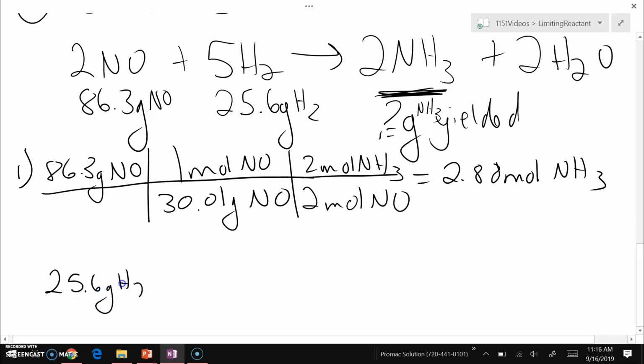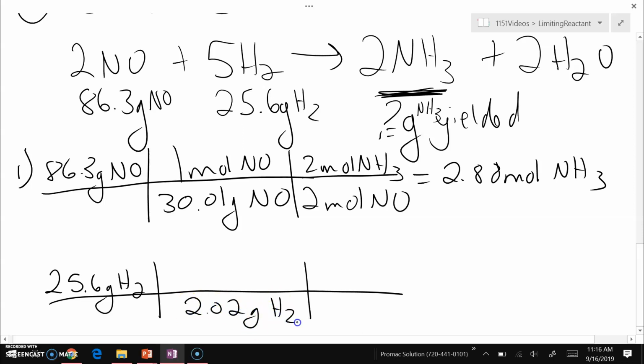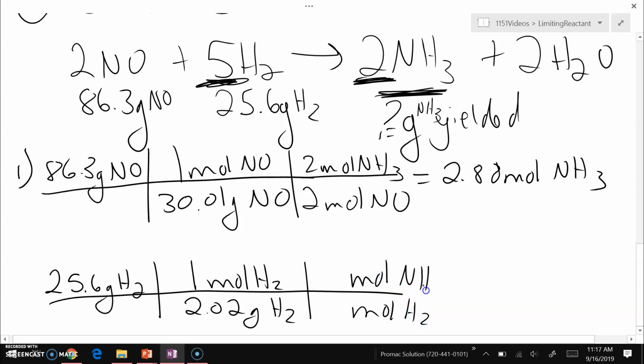Okay. Now let's do it with the other reactant, 25.6 grams of H2. Okay, converted to moles, 2.02 grams of H2, 1 mole of H2. That's the molar mass of H2, determined from the periodic table. And then I'm looking at this 5 here and this 2 here for the next conversion. So if you want to start with the units, moles of H2 to moles of the ammonia product.